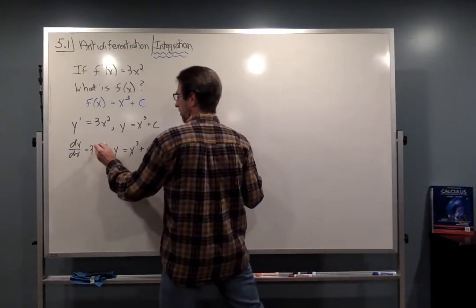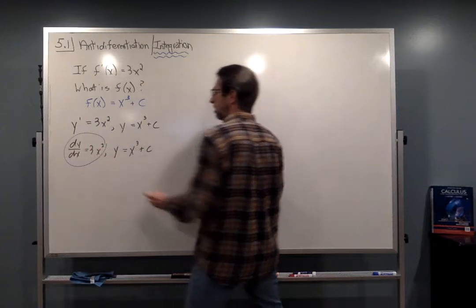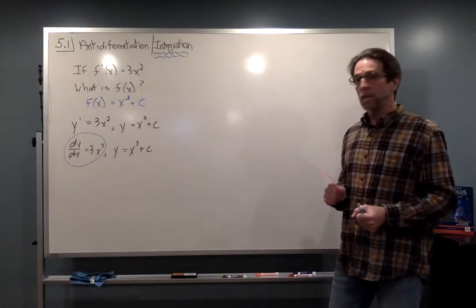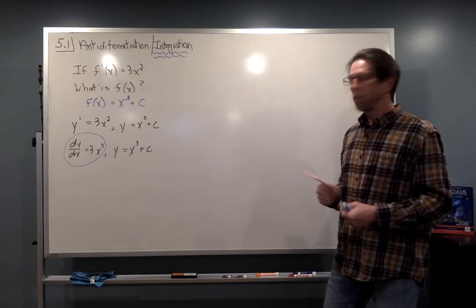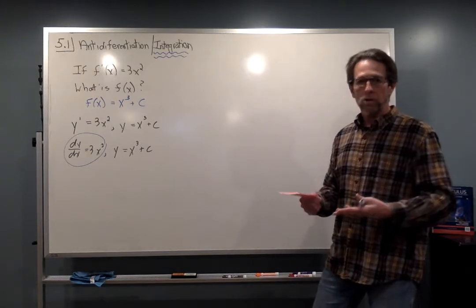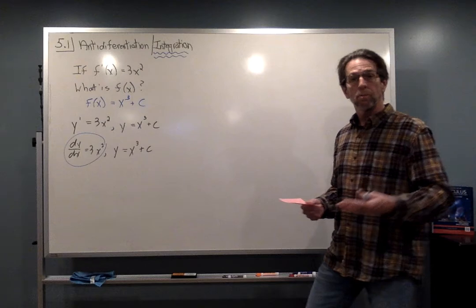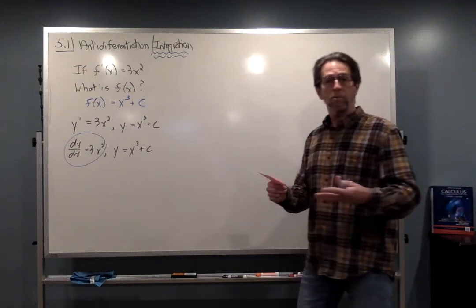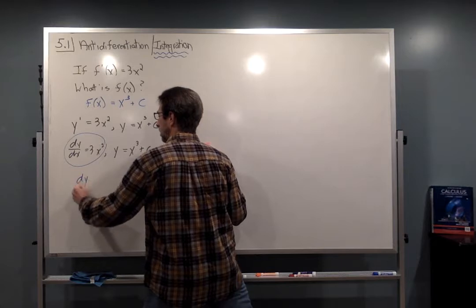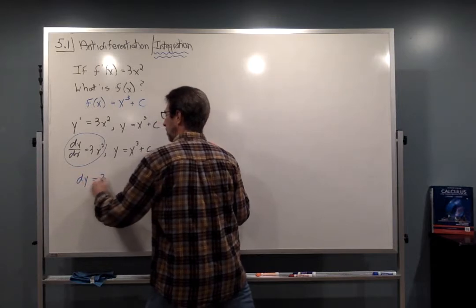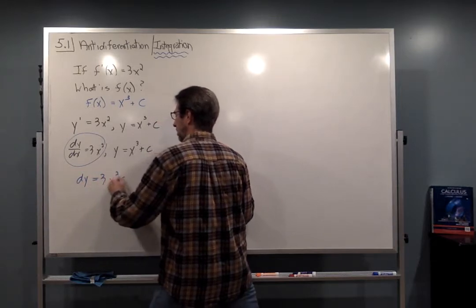We kind of think of a function that has a derivative in it. dy dx equals 3x squared. And then we think of the dy dx as a fraction. It's basically a differential. You might remember that you found in the end of chapter 4. So I could write dy would equal 3x squared dx.